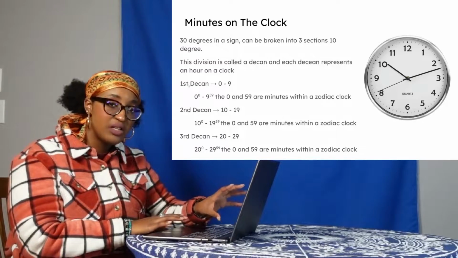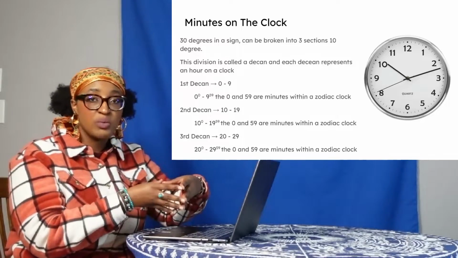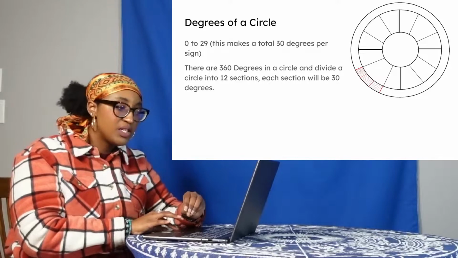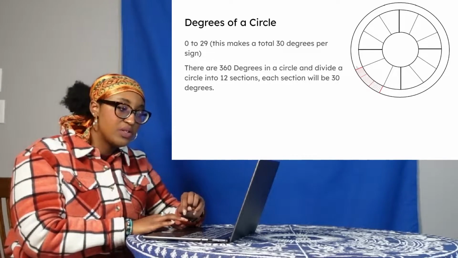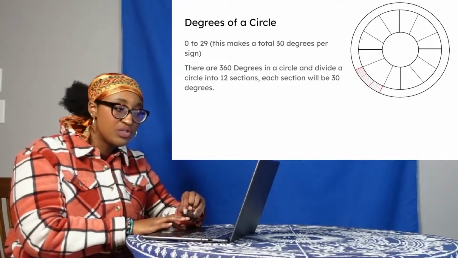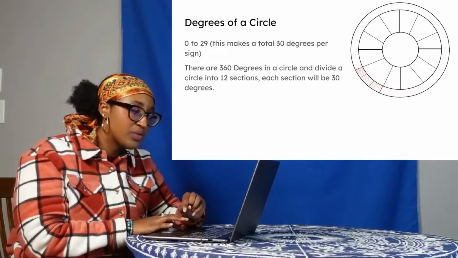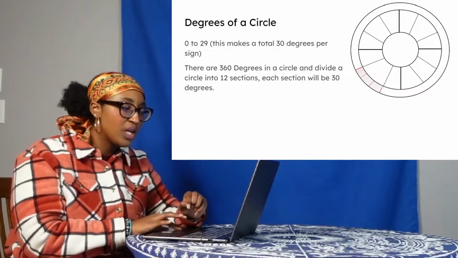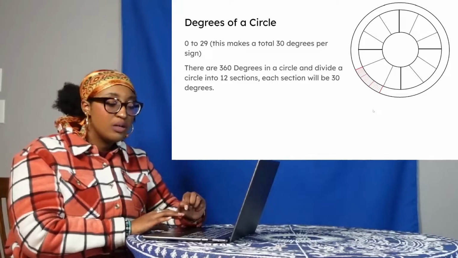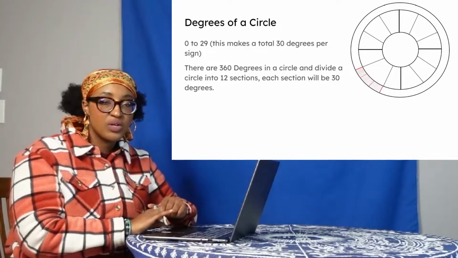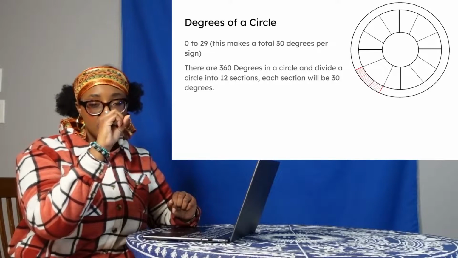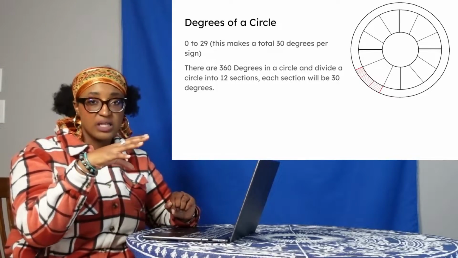That's the first section, which we will call the first deacon, right here. This represents your start, because if it's rising, therefore this would have to be the beginning of the sign if it's starting to rise. So therefore 0 degrees would be right here, and your 29 degrees, which will represent 30, because 0 represents a transition stage, a whole number, and a resting period as well.